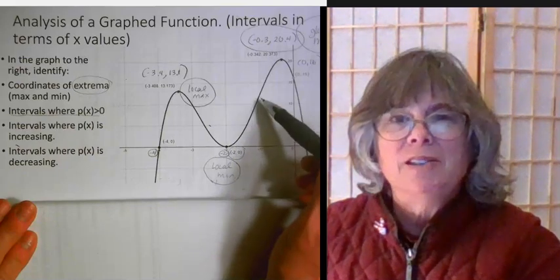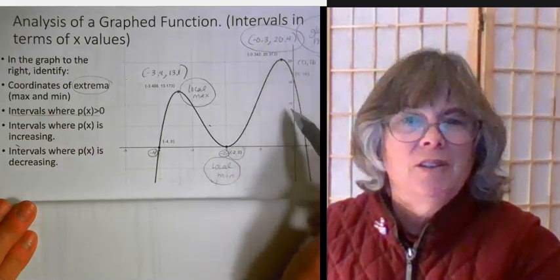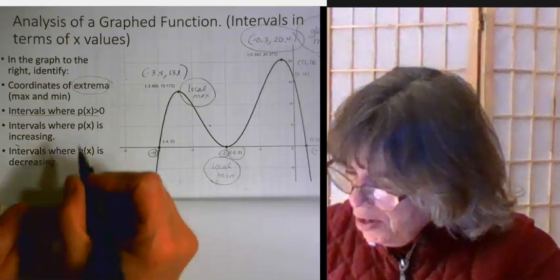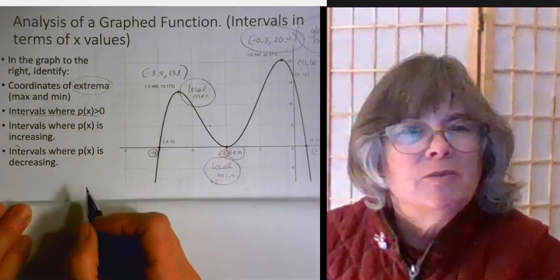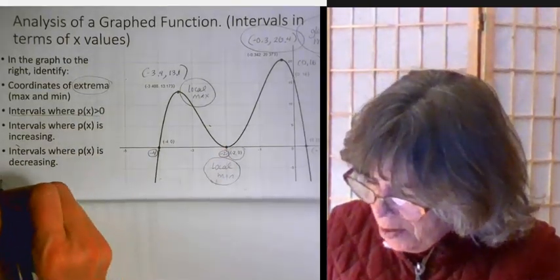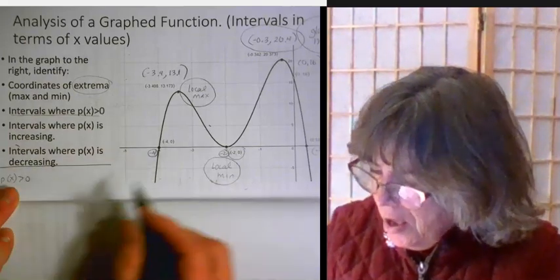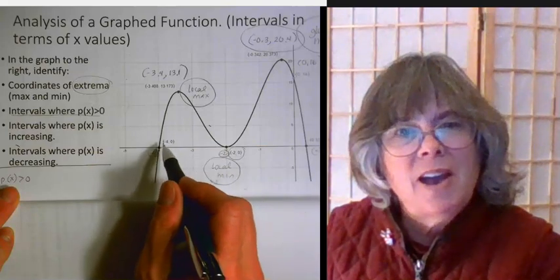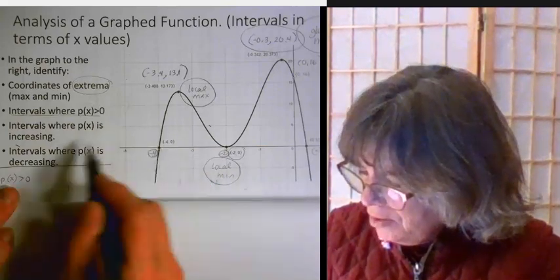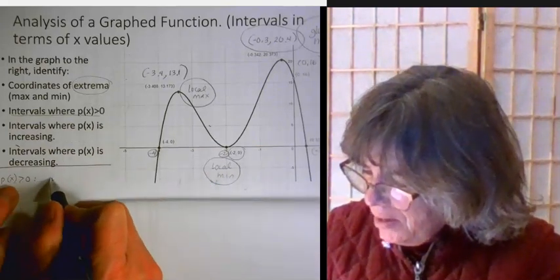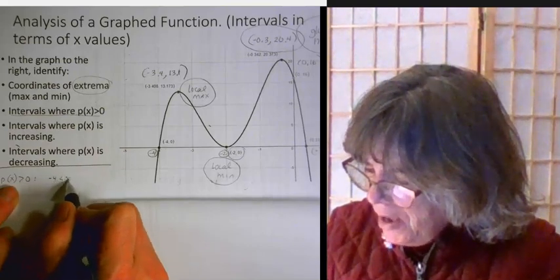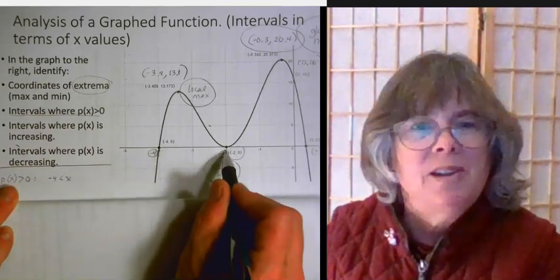Here's another place where the y values are positive. So in terms of x, I'm going to go down here where P of x is greater than 0, and I'm going to identify in terms of x this value. You can see the x value here is -4. So I'm going to say -4 is less than x, and that goes all the way up to -2.